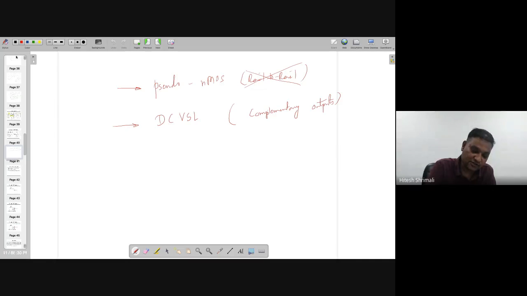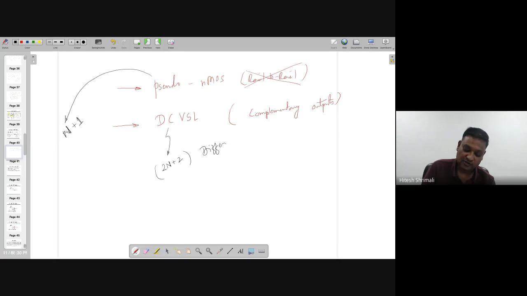In this case, pseudo NMOS requires n transistors for n inputs plus 1. This 1 is for the PMOS transistor kept on top. Whereas here, 2n plus 2 transistors are used, but this is a differential circuit.